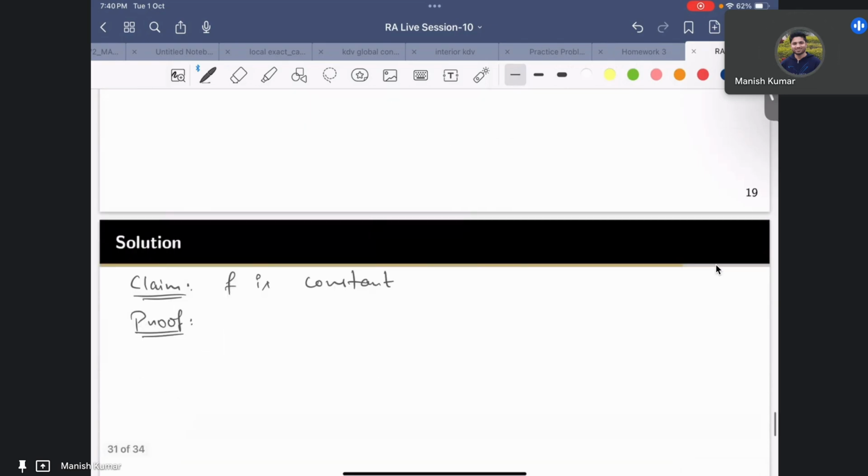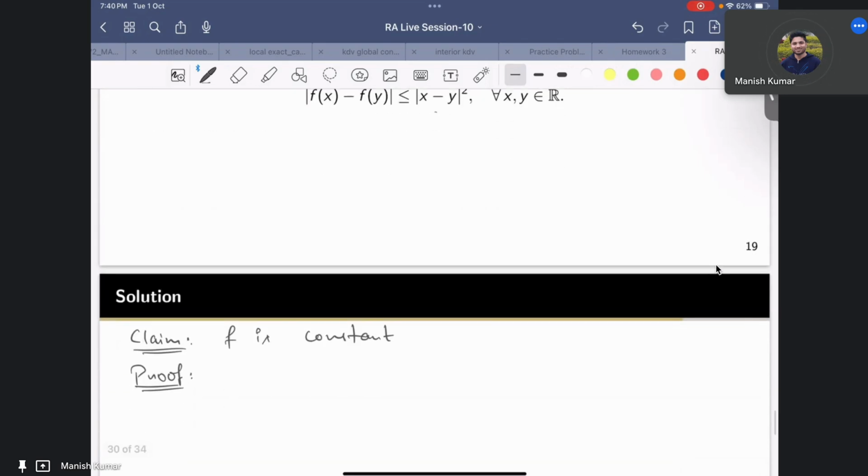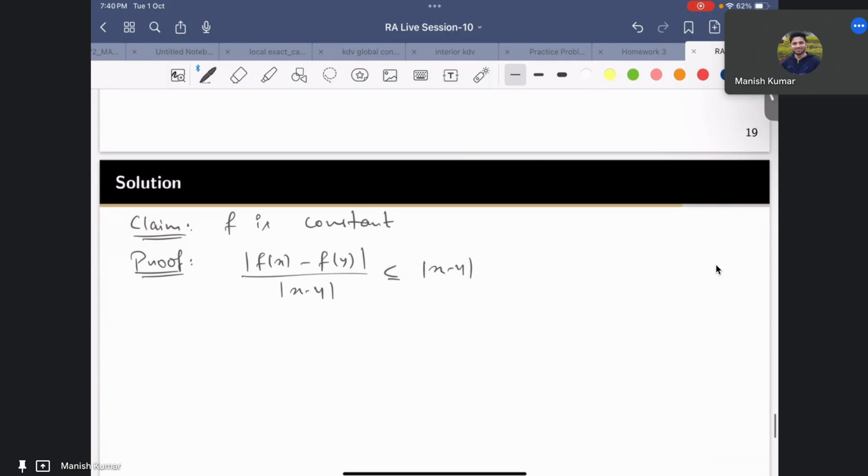You can see from here I can write mod of f(x) minus f(y) upon x minus y is less than or equal to mod of x minus y, right? Now suppose I fix y, or maybe I can write it in this way, which would be better. Suppose I choose x to be x plus h and y is just x, and this is mod of f(x+h) minus f(x) upon h is less than mod h, right?